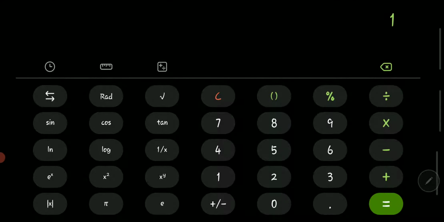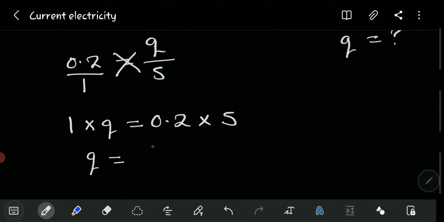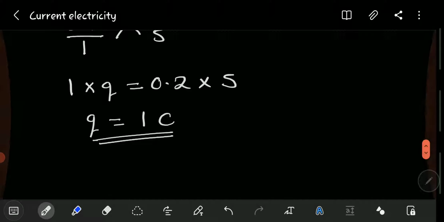So we have 1 what? 1 coulomb. So the amount of charge that flew through the circuit during the 5 seconds was 1 coulomb. Okay, so this is how examiners will play with your mind.